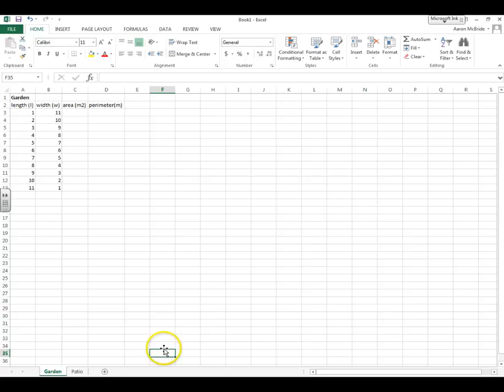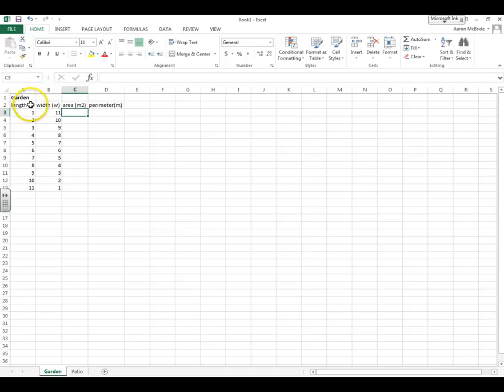So we can identify the location of a particular cell. That would be D2. And we see the location up here in the cell locator box. So if we want to refer to a particular location, we can just reference its letter and number combination.